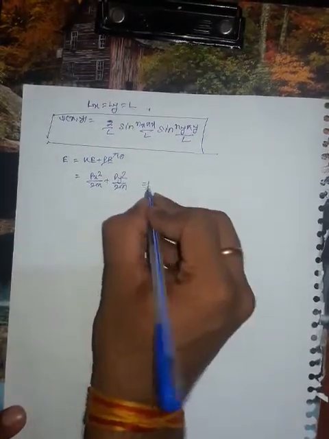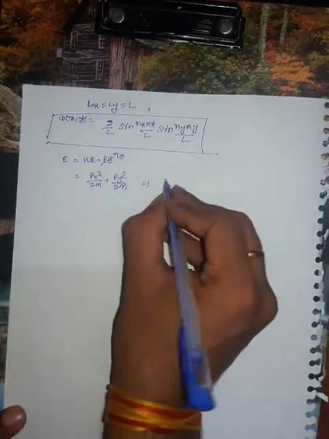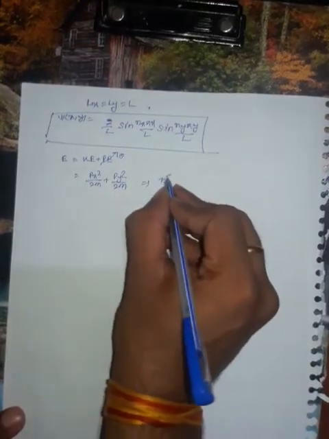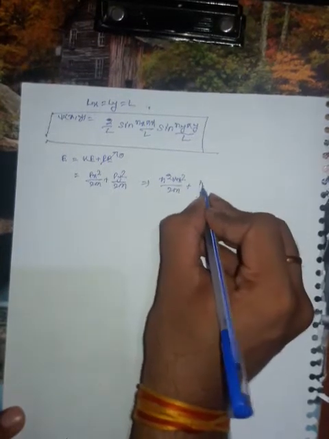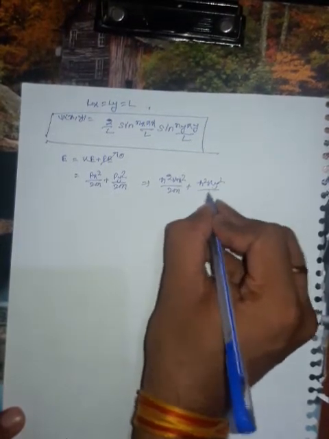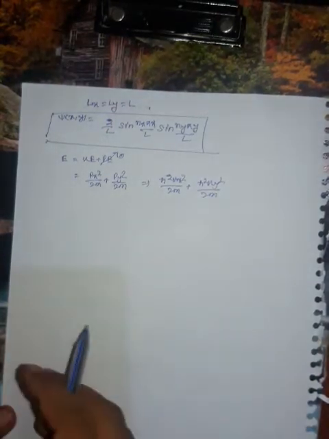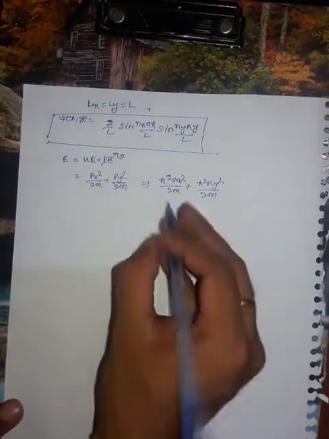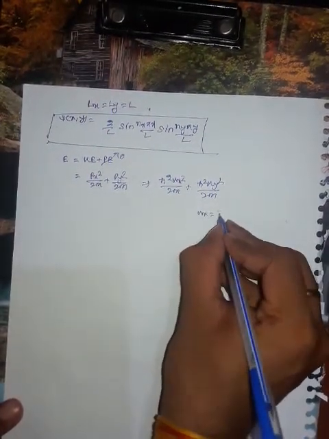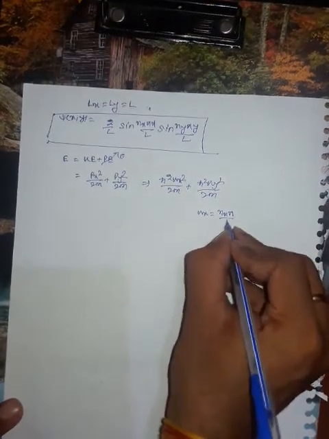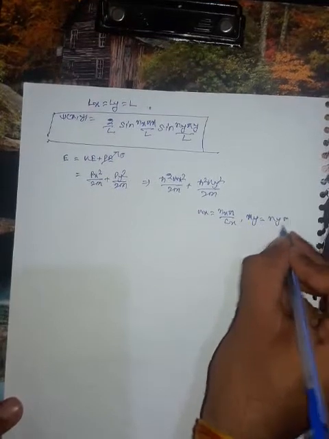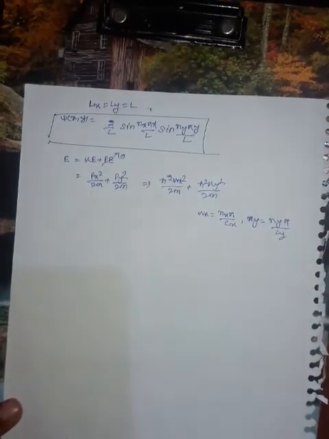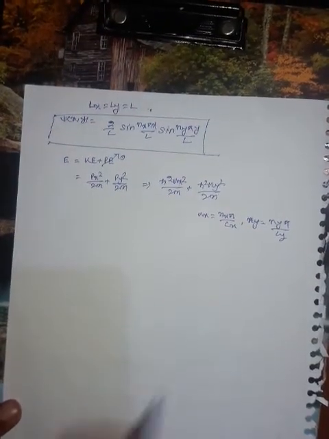Okay, px we know is h cross kx, that implies h cross square kx square divided by 2m plus h cross square ky square divided by 2m. We know already kx is equal to nx pi by lx, ky is equal to ny pi divided by ly. So put that quantity in that equation.